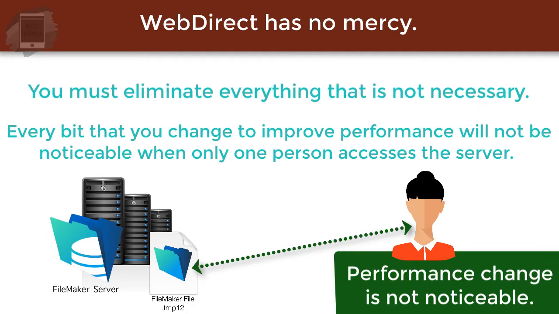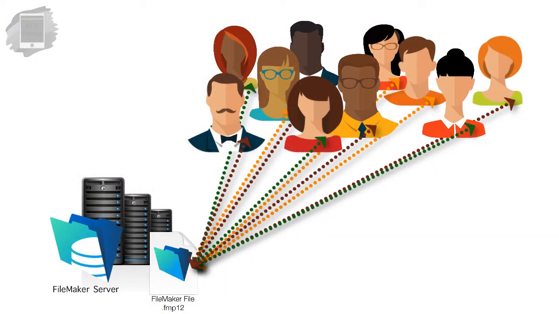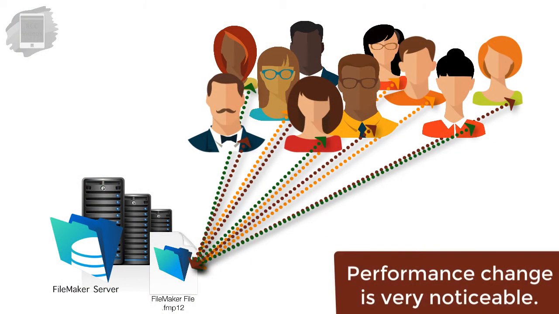But when you do something small on the server and have 10 people using the same machine, the small thing becomes 10 times bigger, because those 10 people all get the effect of this little thing you did. So every single little thing you can do becomes gargantuan on WebDirect.